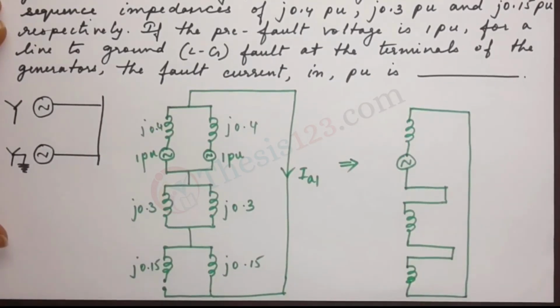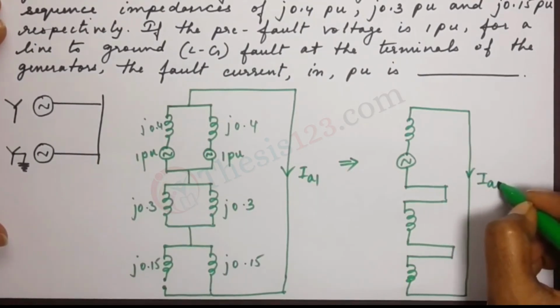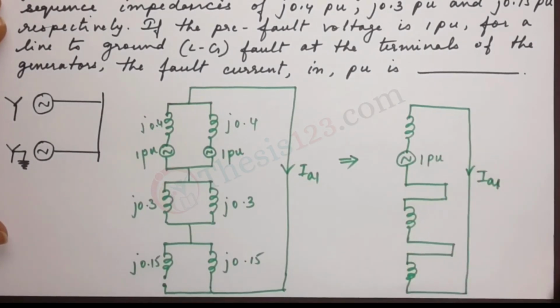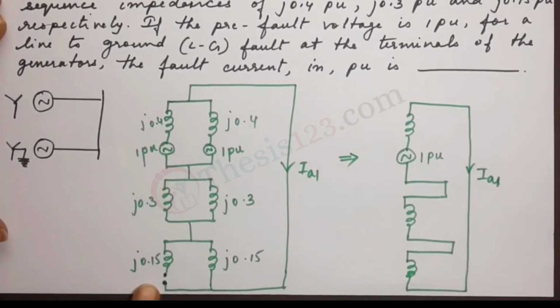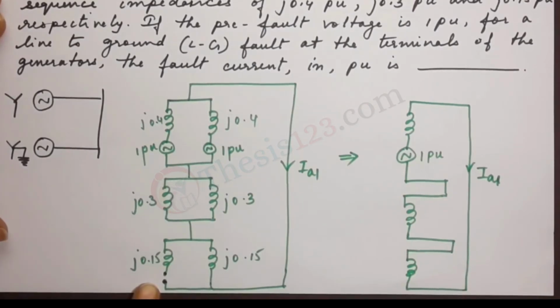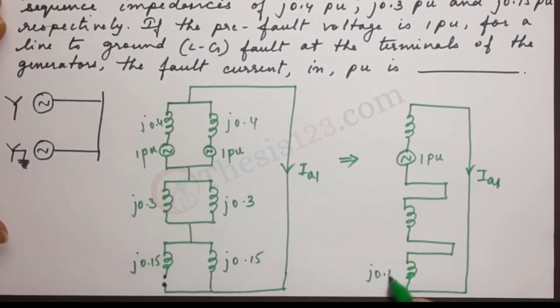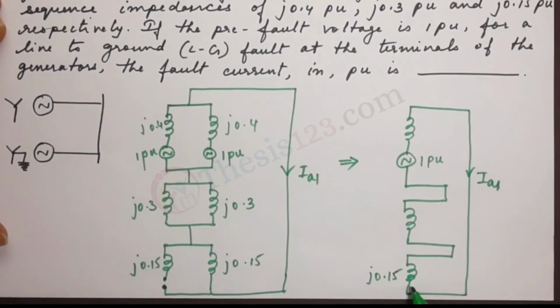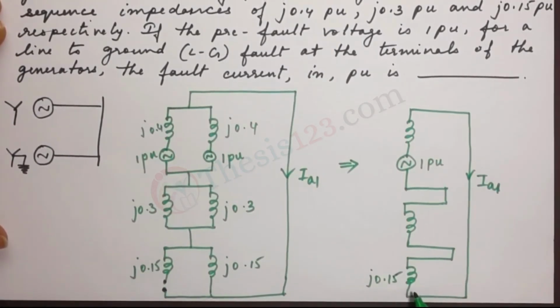Let's calculate the values. Here this is the current IA1, this is 1 pu. When a fault occurs at the terminals, this portion here becomes open circuit. Therefore, we have just this impedance, which is the same here for our equivalent circuit after the fault has occurred. The zero sequence impedance will remain as 0.15.